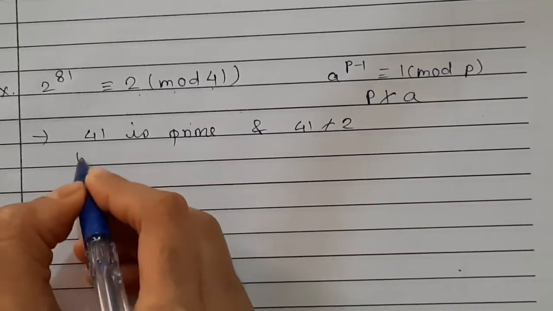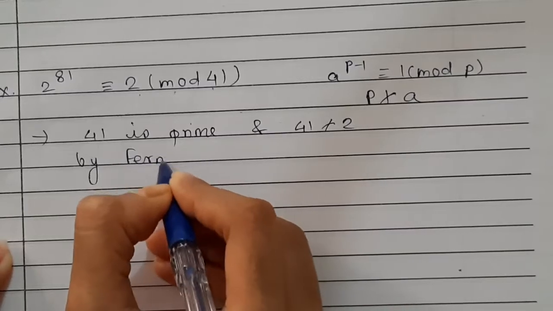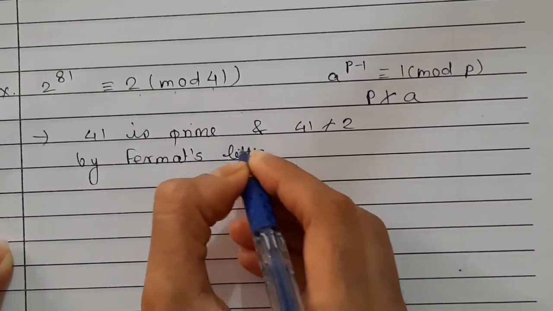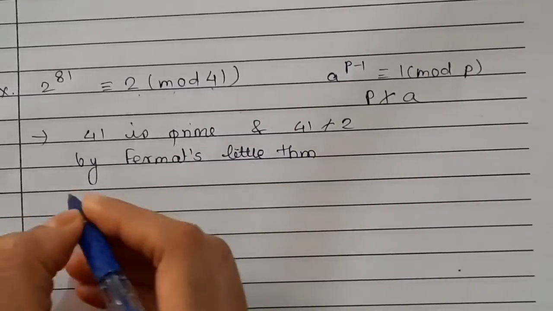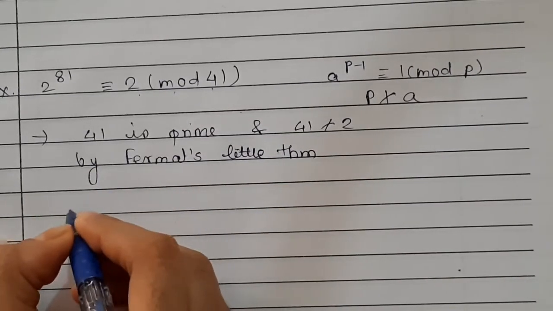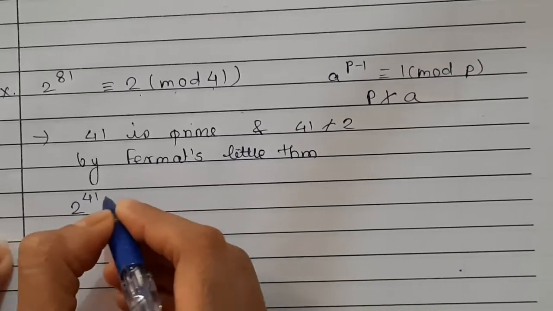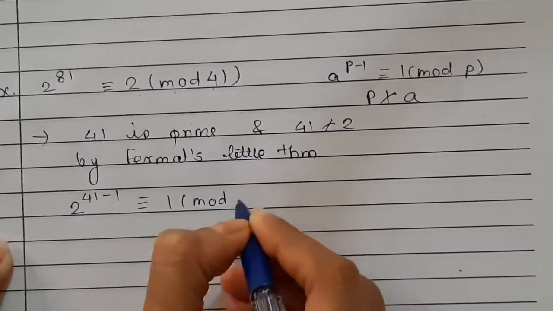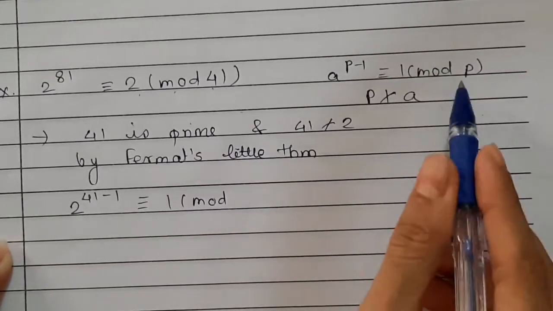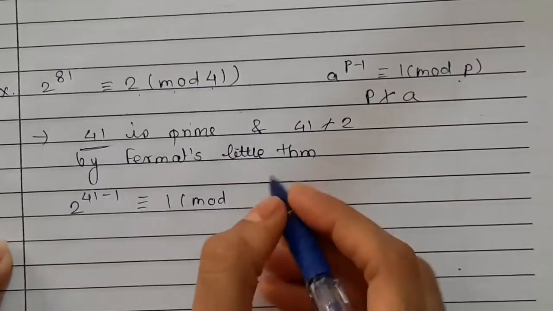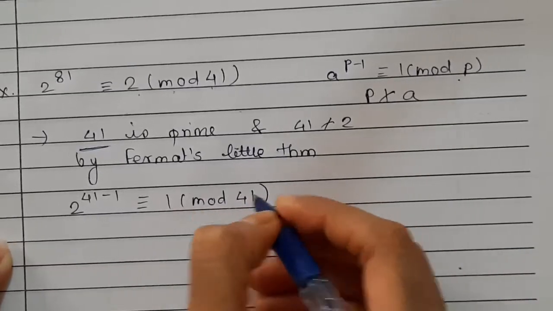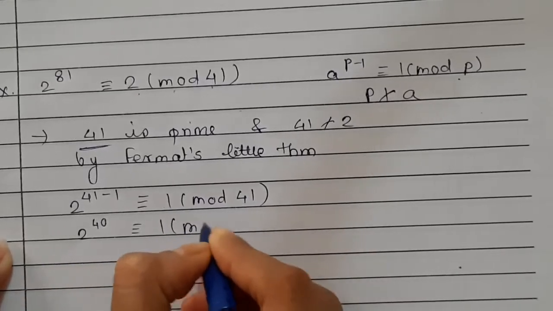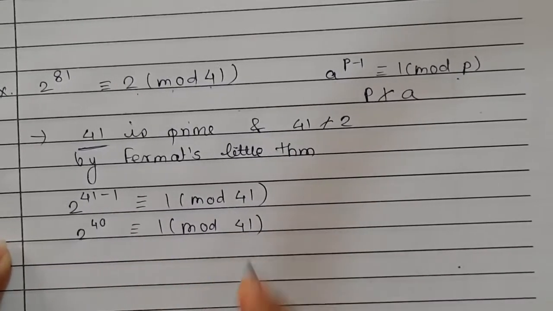Now by Fermat's little theorem, we write 2 raised to 41 minus 1 is congruent to 1 mod 41. So we get 2 raised to 40 is congruent to 1 mod 41.